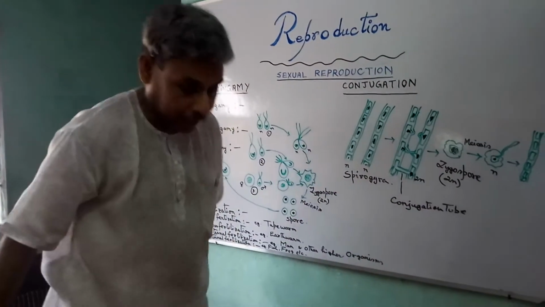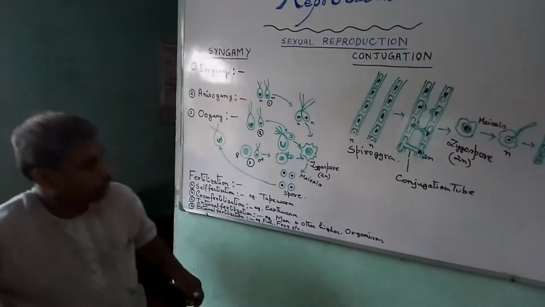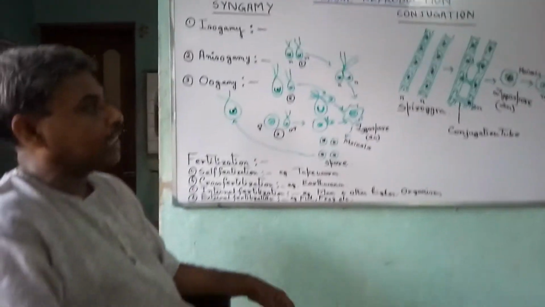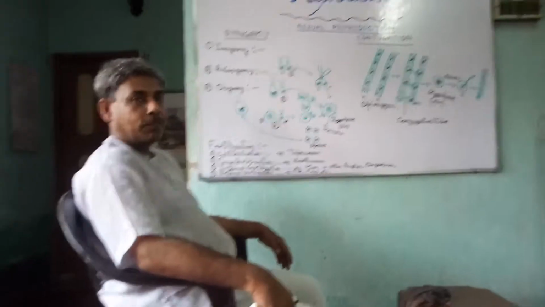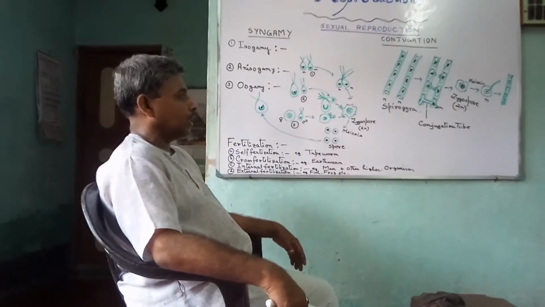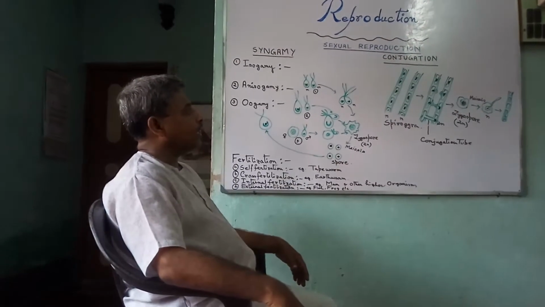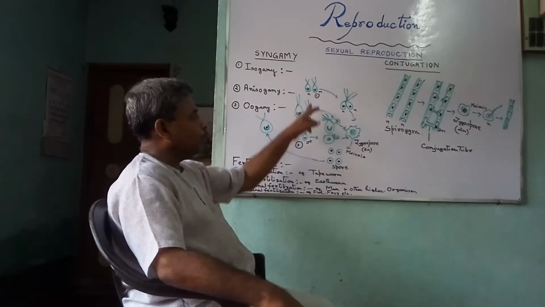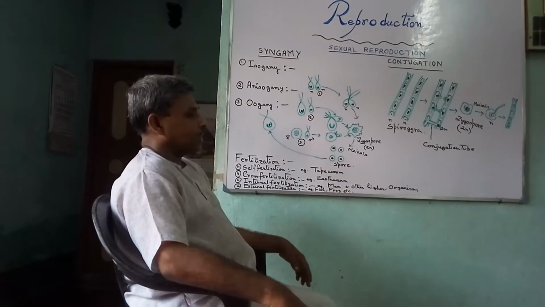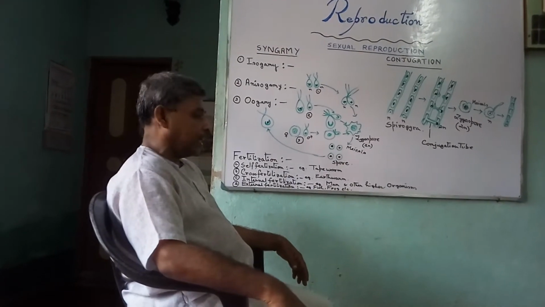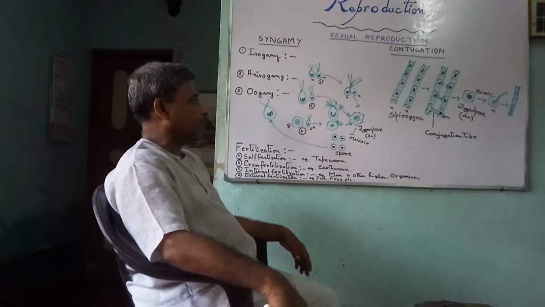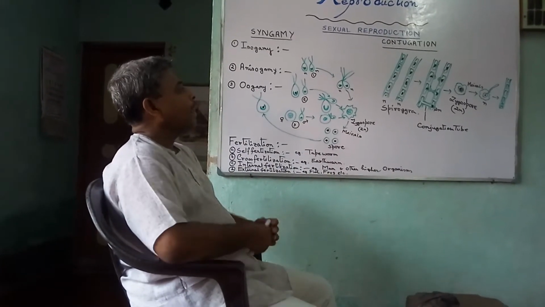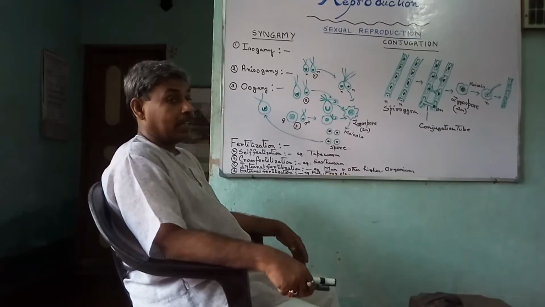Right now the question arises, what are the advantages and disadvantages of sexual reproduction? The advantages are, as union of two gametes are occurring, that's why genetic recombination of genetic material is very much important, that is occurring in case of sexual reproduction. And that's why there is a probability of having a higher group of organisms.